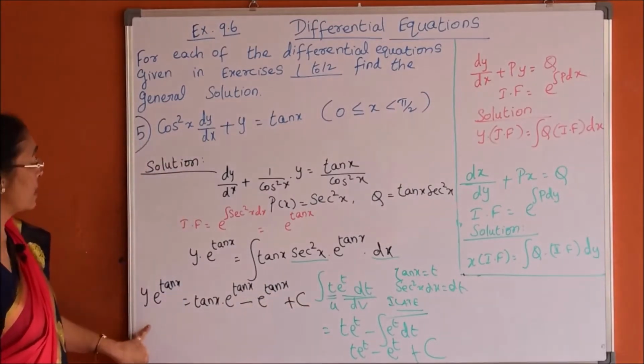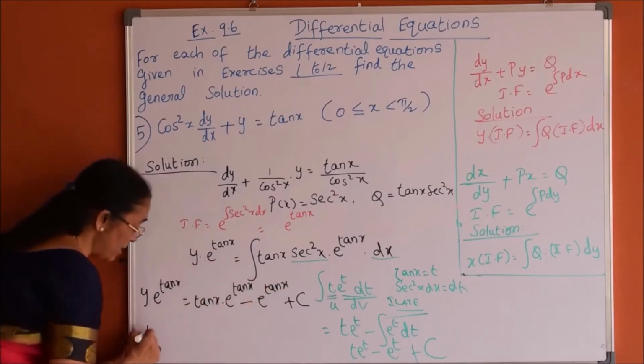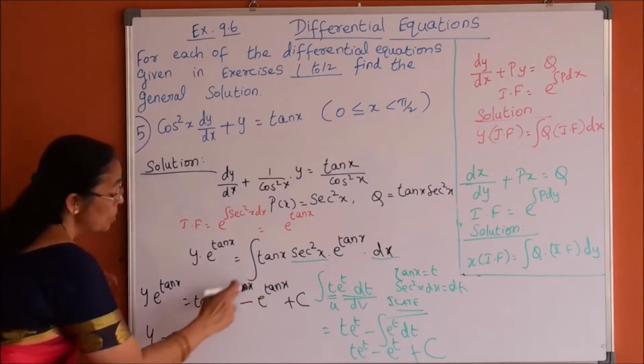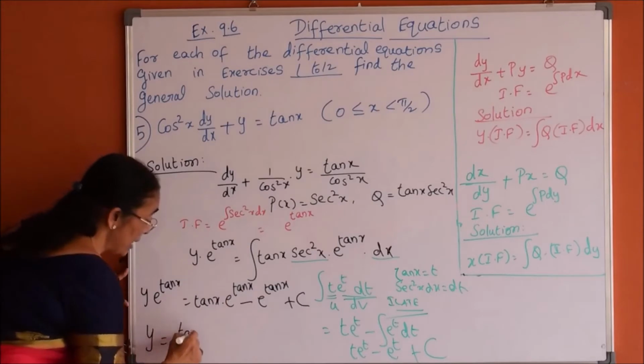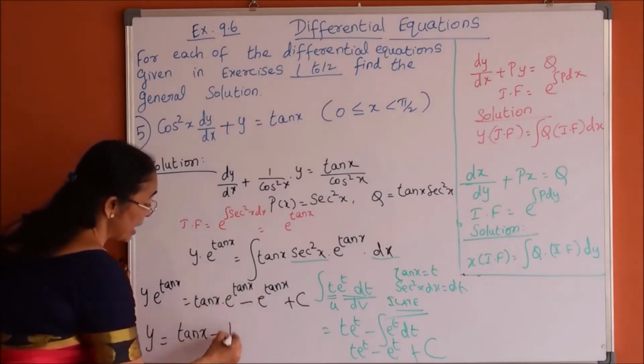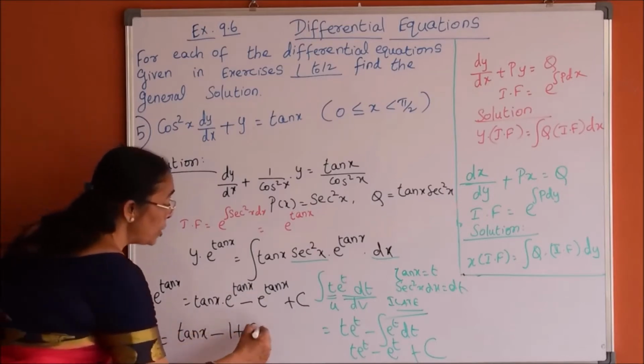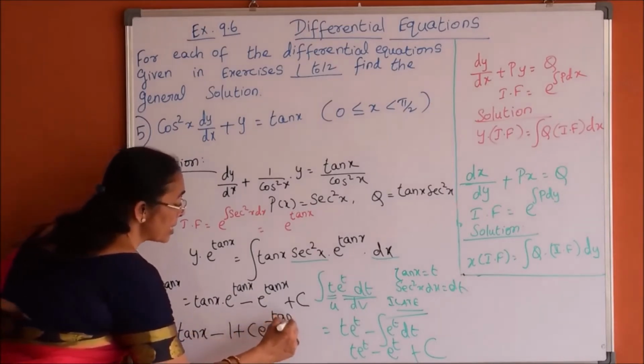We can divide throughout by e power tan x. So y is equal to, the first term e power tan x gets cancelled, tan x minus 1, plus c into e power minus tan x.